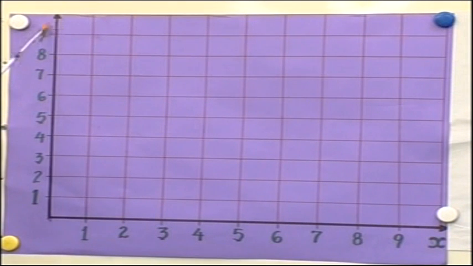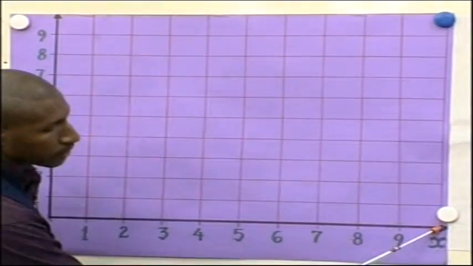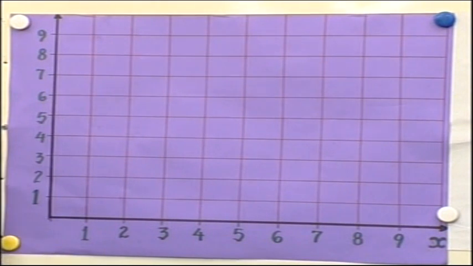This is the y-axis line. And the y-axis is always what? Always vertical, okay? Always vertical. And our x-axis is always horizontal, which is going across.